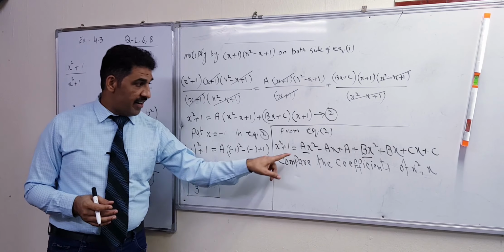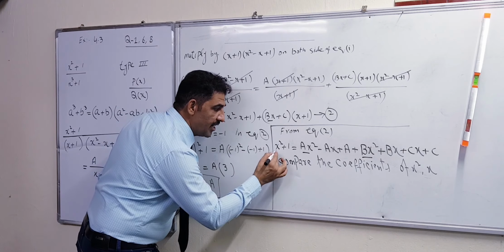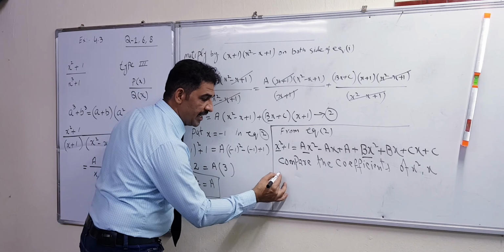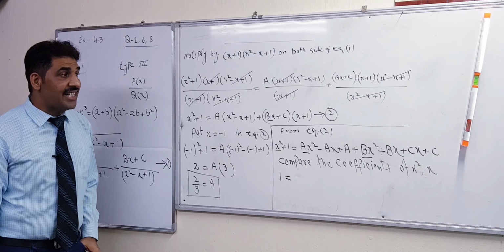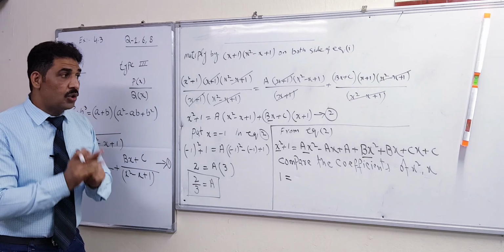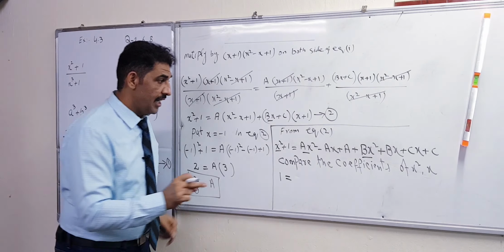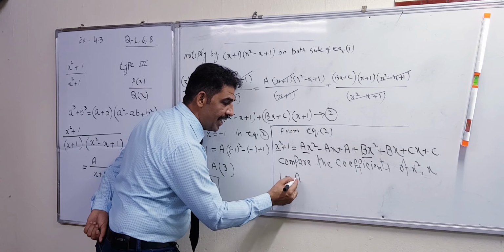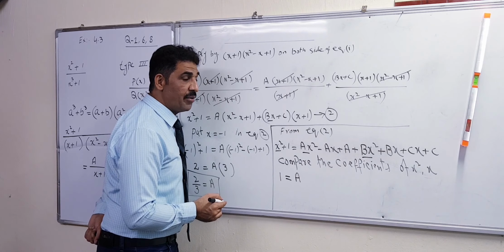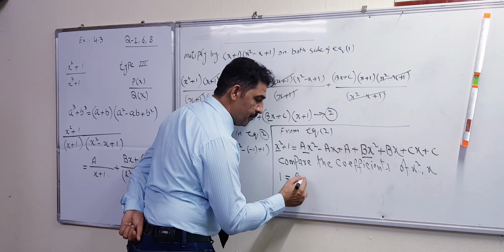So what is the coefficient of x square on the left hand side? Good, that is only one term, so you have to write 1 here. How many x square? 1. On the right hand side you have to write those coefficients that multiply x square. Here one number multiplies x square, so you have to write only a. Is there any other number that multiplies x square? Good, that is plus b.